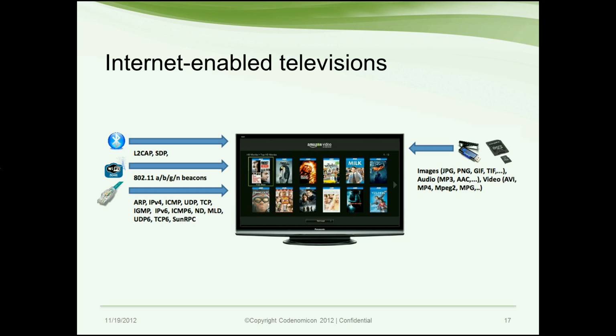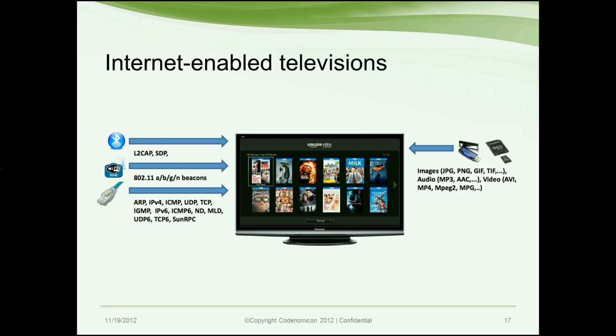It's possible to check your email on these devices. It's possible to Skype with friends or family. It's possible to access various online services such as on-demand DVD and video and series and music watching and viewing.